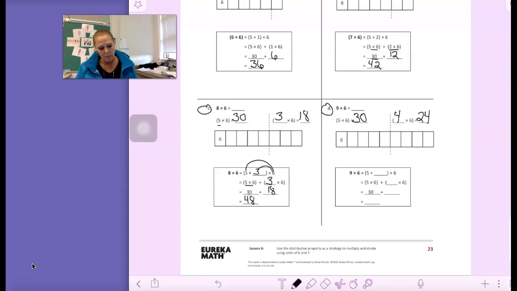Down here at the bottom, to get our 9 that we needed, we did 5 plus 4. And here's where the distributive property is. We're doing 5 times 6 and 4 times 6. We're distributing that 6 to both of those numbers. And we do 30 plus 24, and we get 54. So 9 times 6 is 54.